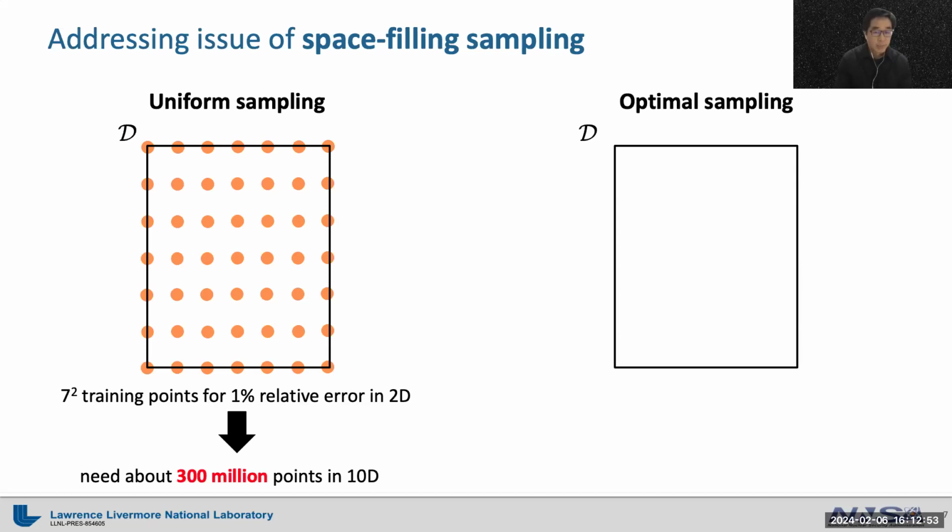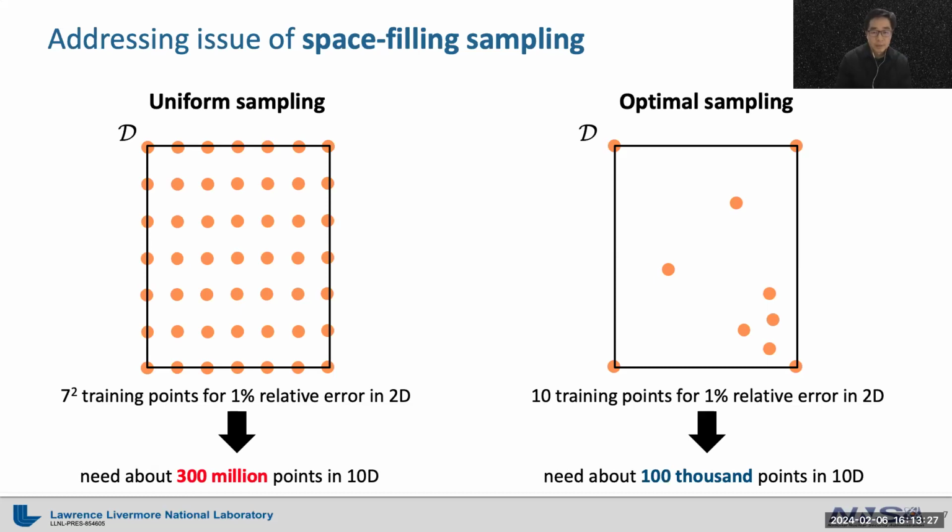And that's problematic if those data are coming from computationally expensive physical simulations. But if you already know some knowledge about your problem, then you can do optimal sampling, and if it requires only 10 training points for achieving 1% relative error in 2D, then even though you go to a 10-dimensional parameter space, you only need 100,000 points instead of 300 billion points.